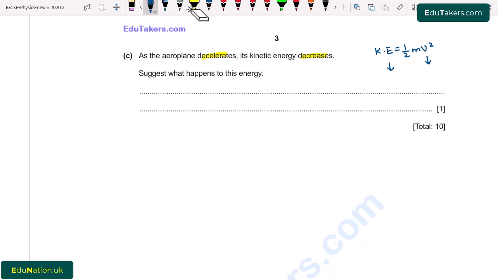There will be the generation of thermal energy, and in the case of an aeroplane, the thermal energy must be produced in the brakes or in tires.